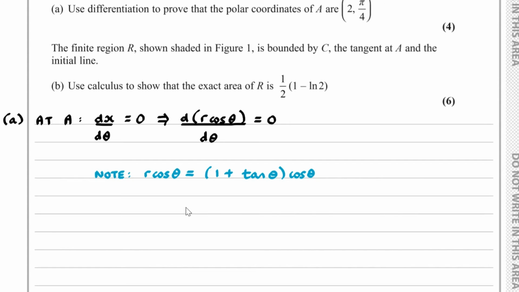Now, if I expand out, we would have cos theta plus tan theta times by cos theta.